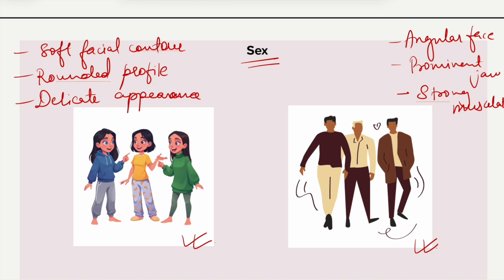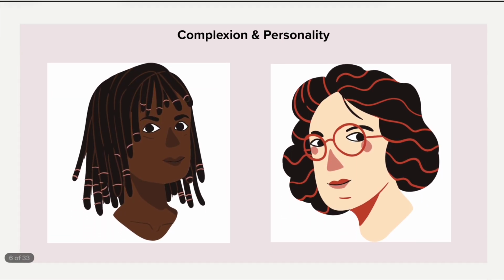And so, artificial teeth may need to display rounded contours, softer line angles, and graceful appearance. These characteristics contribute to feminine aesthetics. Okay? Then, after the gender, comes the complexion and personality.